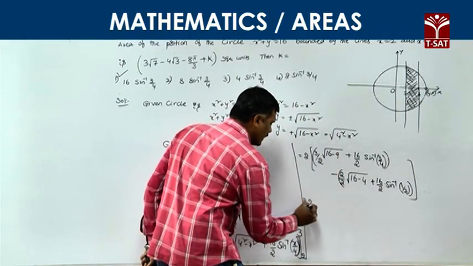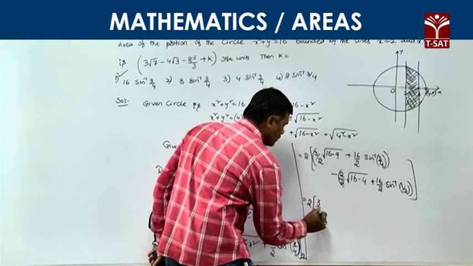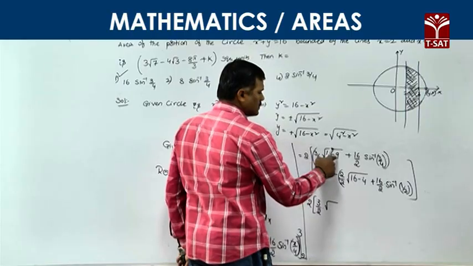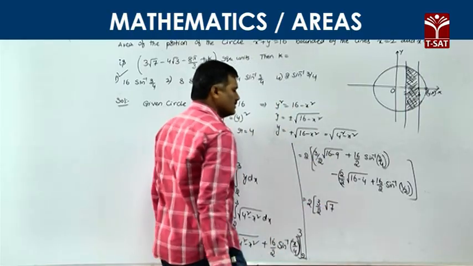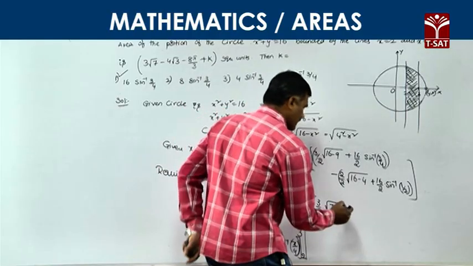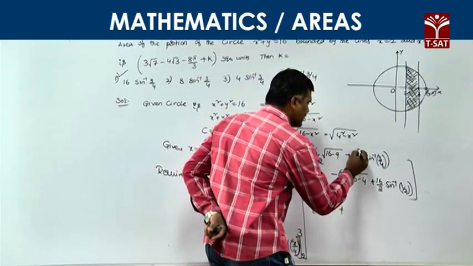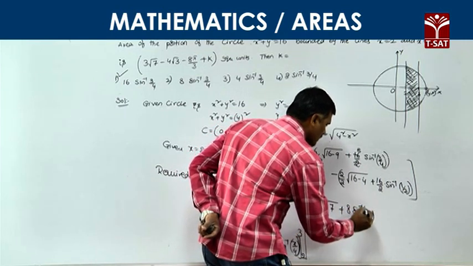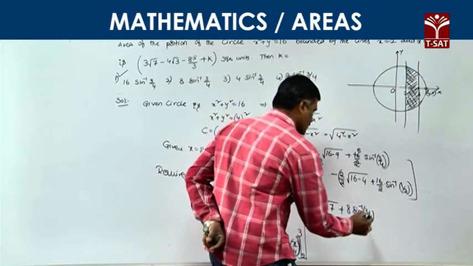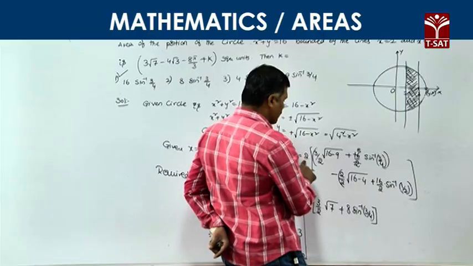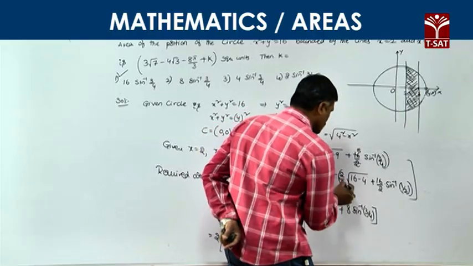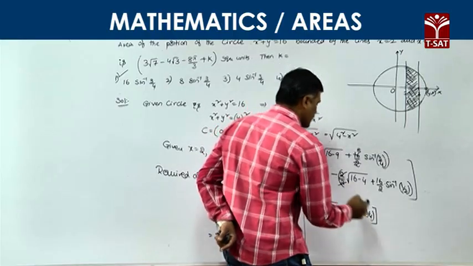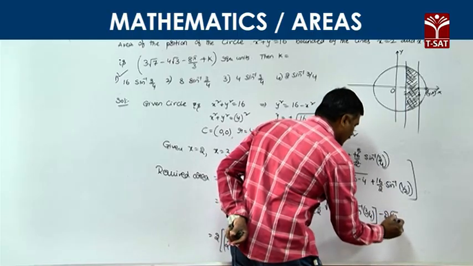That is equal to 2 into 3 by 2 into root of 16 minus 9, root 7, plus 2 8s are 16, 8 into sin inverse of 3 by 4. Next, again multiplying 2 with the second term: 2 will go, 16 minus 4 is 12, minus 2 root 12.